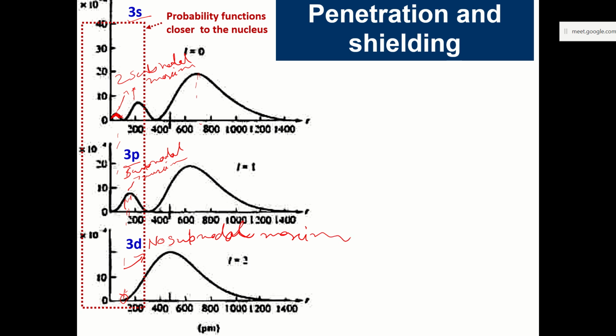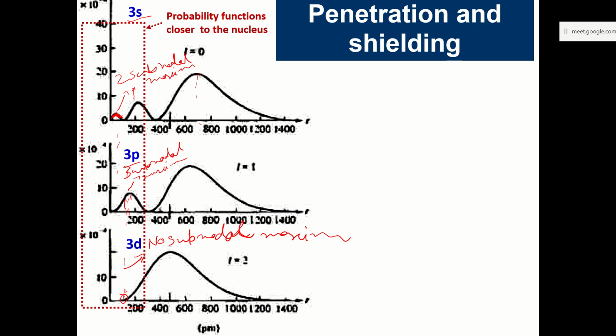So what does this mean? When the 3s electron is quite close to the nucleus, it will be a better shield. So the closer an electron reaches the nucleus, the better a shield it forms for the nuclear charge, right?